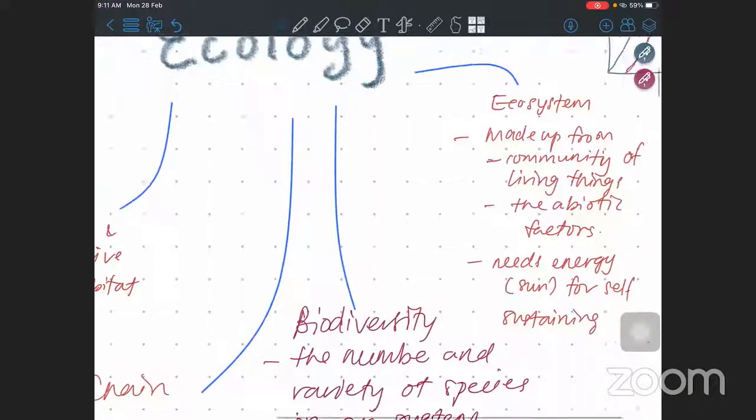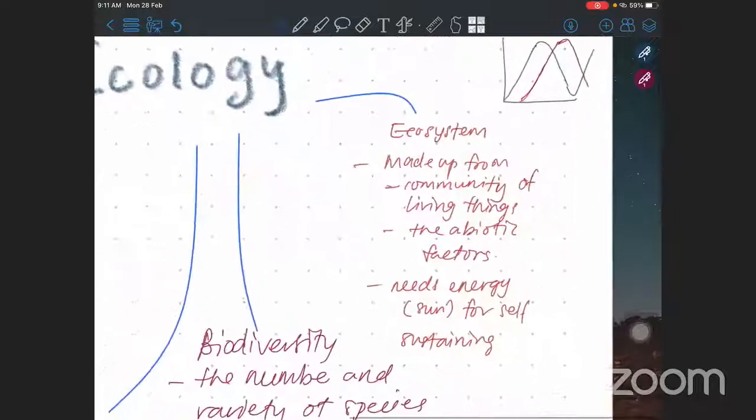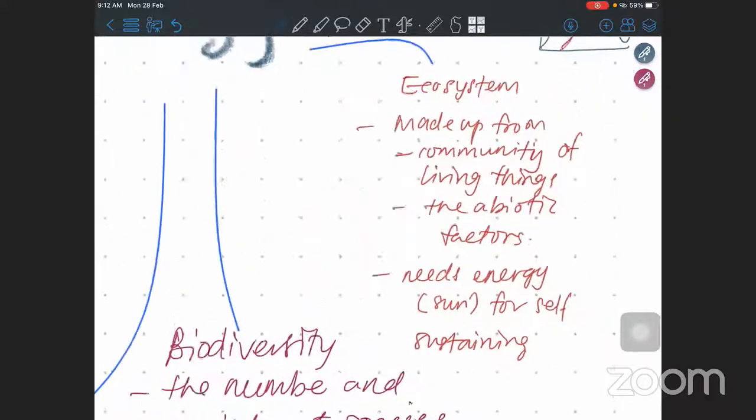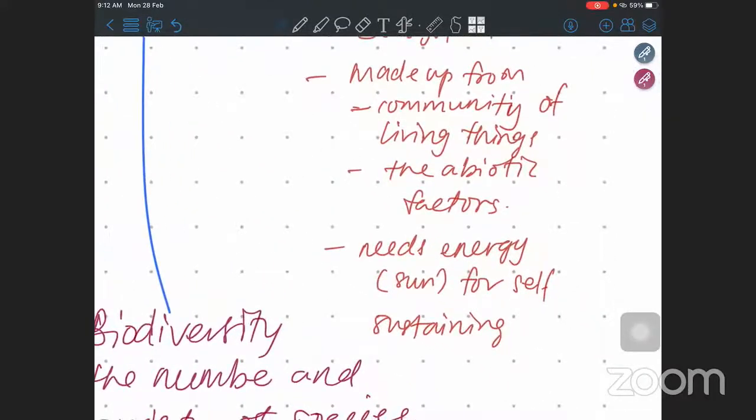Next, we have the so-called ecosystem. Ecosystem is made up of the community of living things and the abiotic factors. So it is made up of these two, biotic and abiotic things. Sometimes it only needs energy so that it can become self-sustaining, which means that this ecosystem is stable.